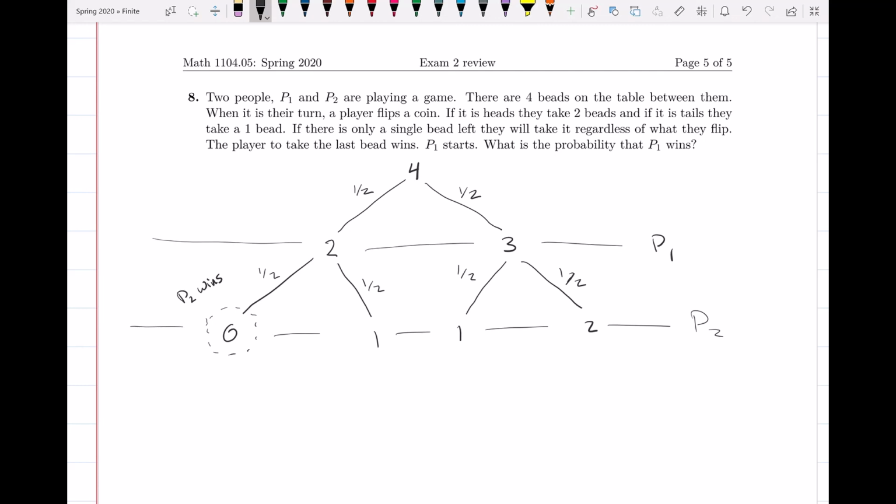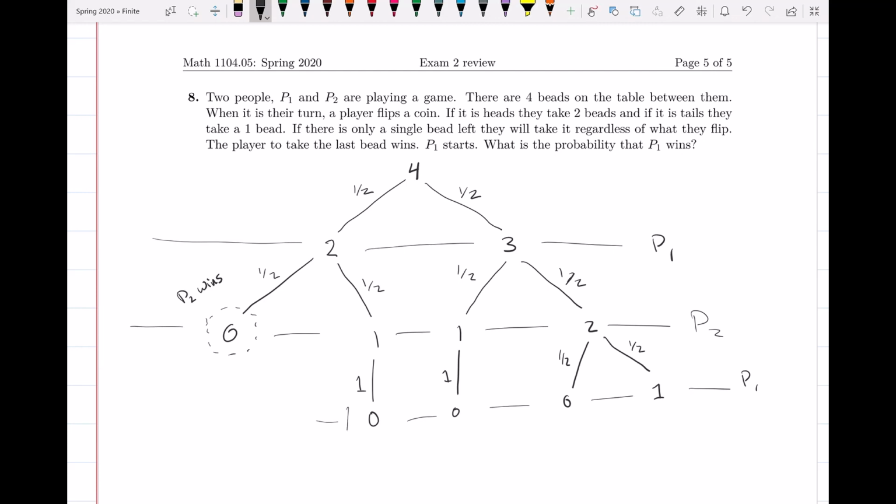So if there's a single bead, it doesn't matter what player 1 flips, they're going to take it. So there's only one option, and that goes to 0, and that is probability 1. Same over here, it's probability 1. If there's 2 beads, you could either take both of them and be left with 0, probability 1/2, or you could only take 1, also with probability 1/2, and be left with 1. So this is player 1 again.